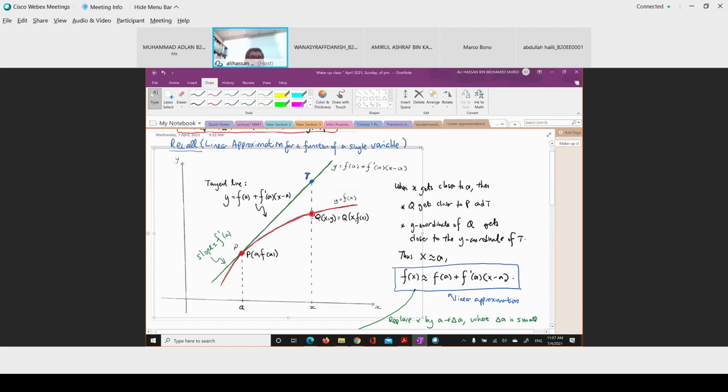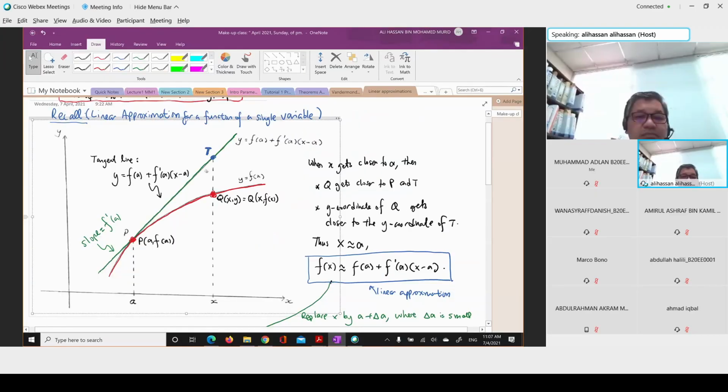And suppose there's another point Q, which is close to the point P on the curve y equal to f(x). Imagine a point Q close to the point P. There's a point T right above Q, on the tangent line. T and Q therefore have the same x coordinate, x here.